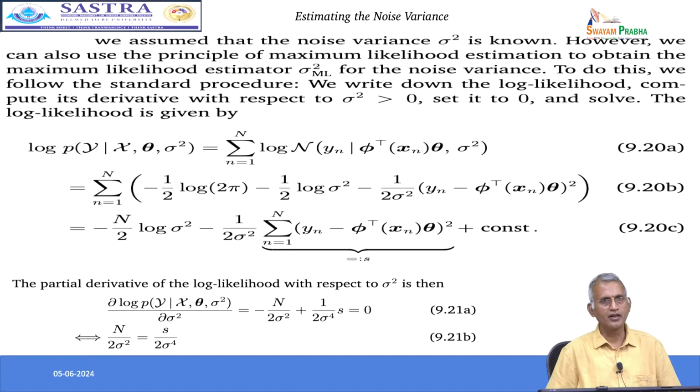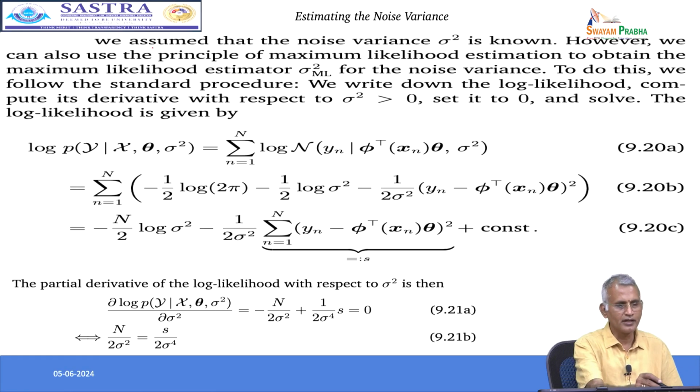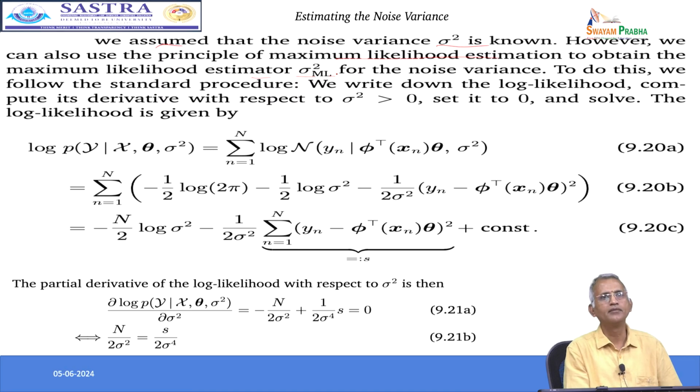So, in continuation of regression, next we have to move to estimating the noise variance. We assumed that the noise variance sigma square is known. However, we can also use the principle of maximum likelihood estimation to obtain the likelihood estimator sigma maximum likelihood square for the noise variance.